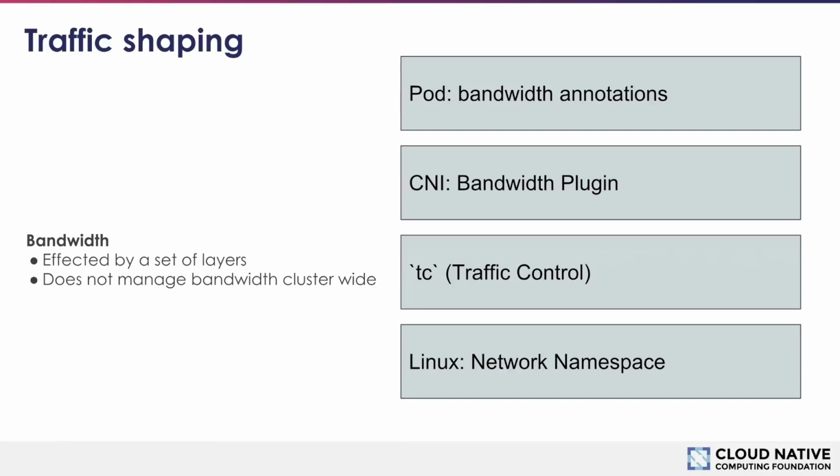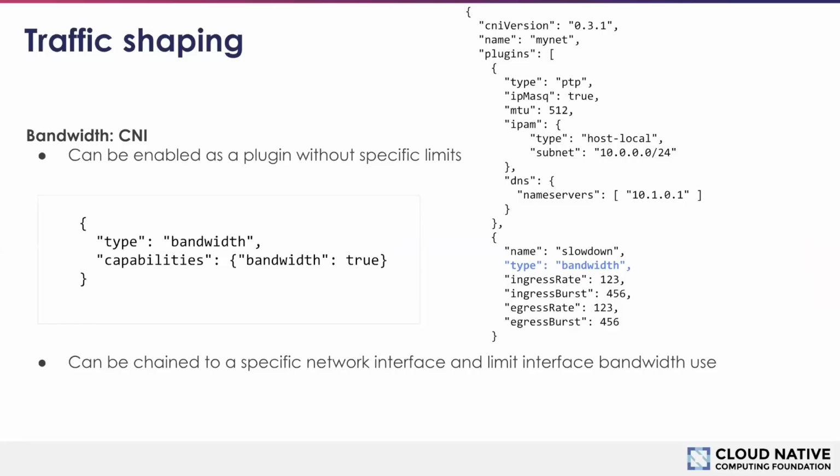As we said, a lot of workloads are competing for the same networking resources, and even if the bandwidth can be restricted on a number of layers in the system, what we are usually most interested in is how do we constrain a certain node and the pods within that node with a certain bandwidth, and that's where the CNI plugin helps us, because it can be set with the bandwidth capability set to true.